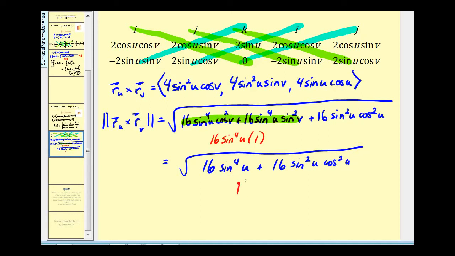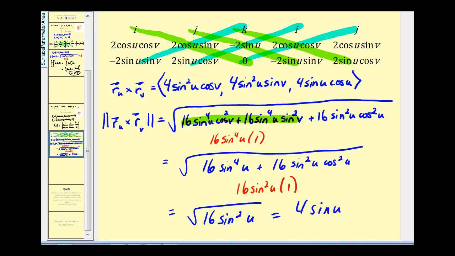Now if we take this and factor out 16 sine squared u, we're left with sine squared u here plus cosine squared u here, which gives us 1 again. So this finally simplifies to the square root of 16 sine squared u, which gives us 4 sine u. So this will be our integrand to determine our surface area.